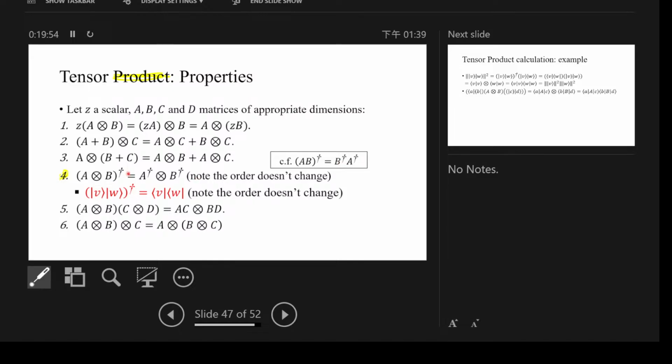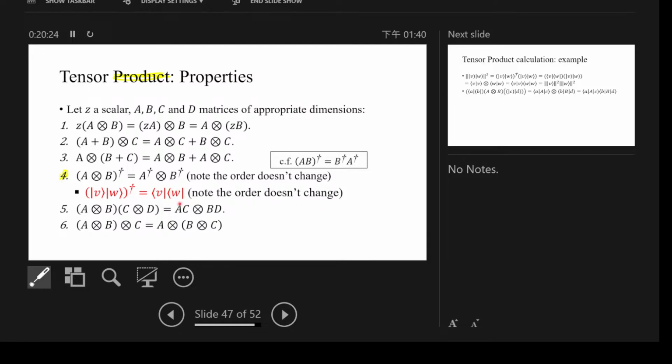It's AB here and still AB here. And in particular, a corollary of this is that when you take the dagger of the tensor product of two vectors, so you want to see the dual of some ket vector V tensor with ket vector W, then it's actually the bra vector V tensor with the bra vector W.